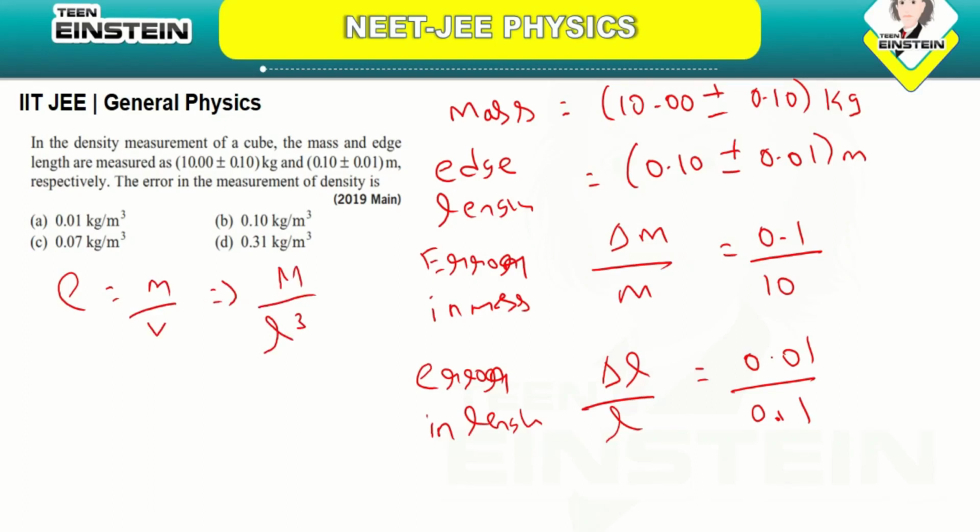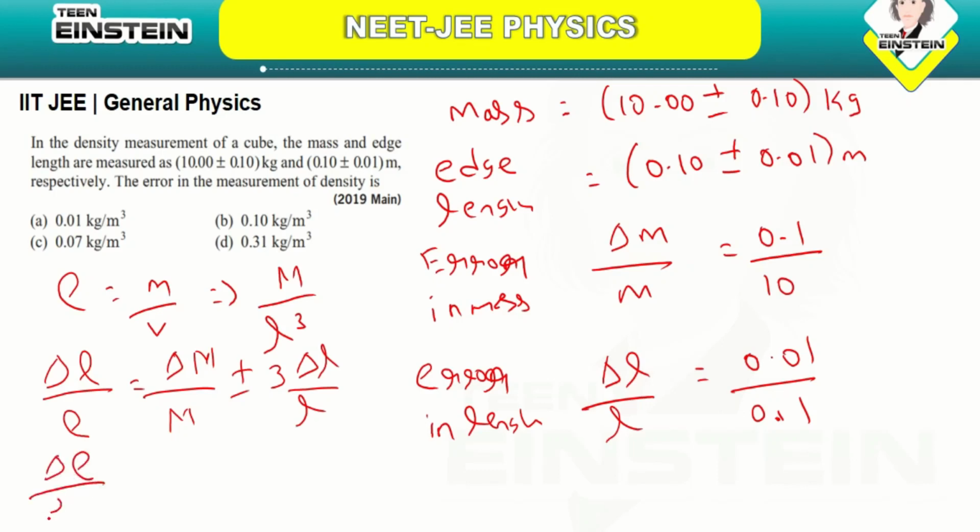So the permissible error in density is given by del rho by rho is equal to del m by m plus 3 del L by L. Substituting the values, del rho by rho is equal to 0.1 by 10 plus 3 into 0.01 by 0.1.